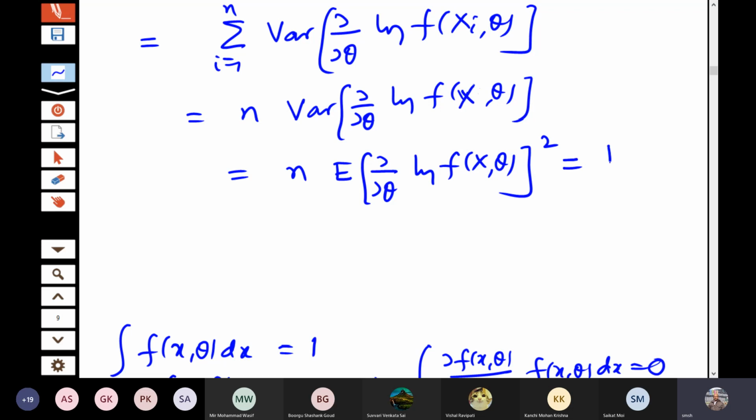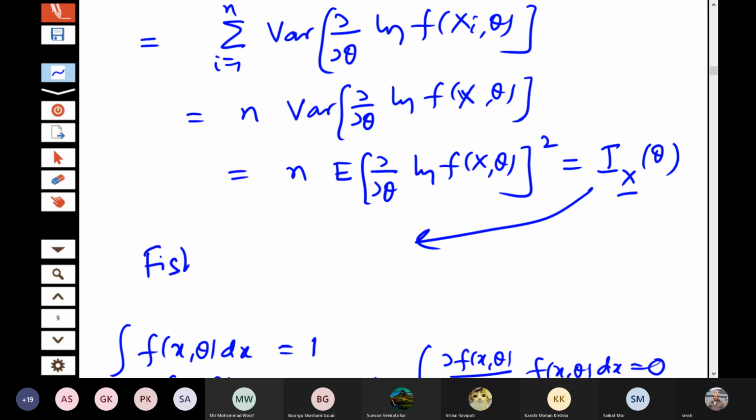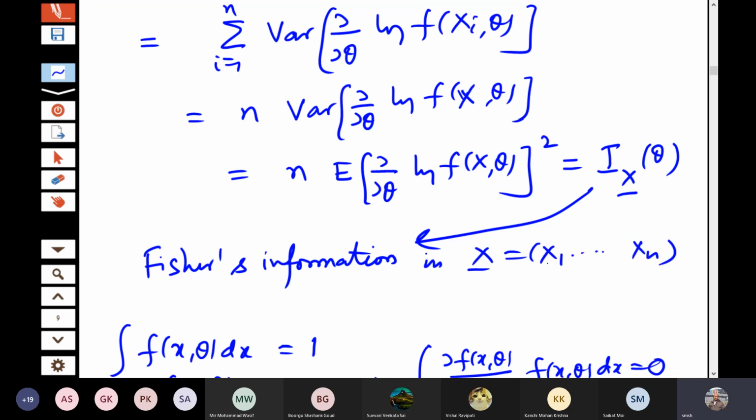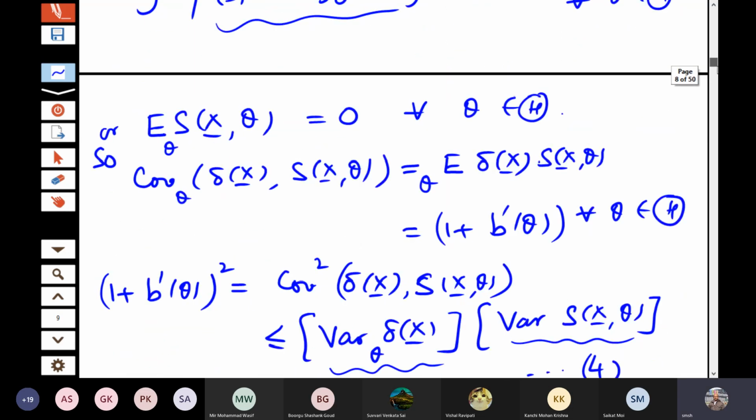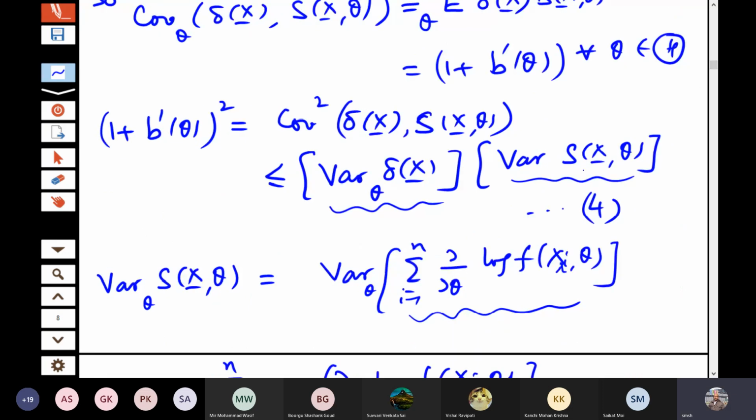This quantity I will give you a name here. This is called Fisher's information in X, Fisher's information measure. So if you substitute it here, what you have in 4, this variance of S(x, theta) has become I_X(theta).